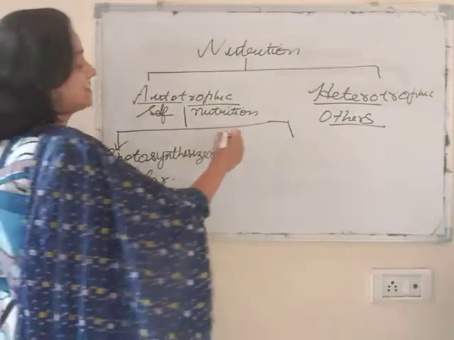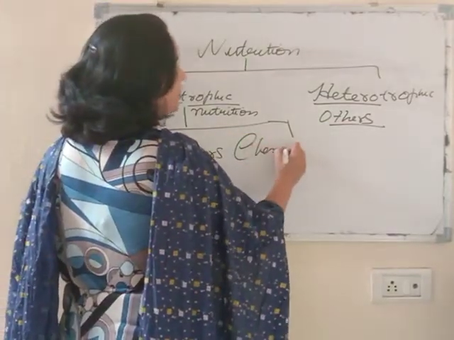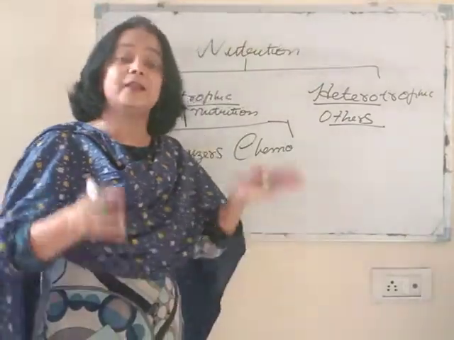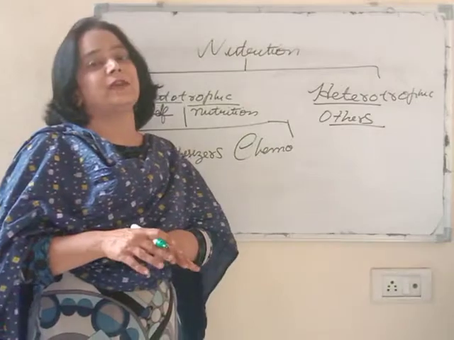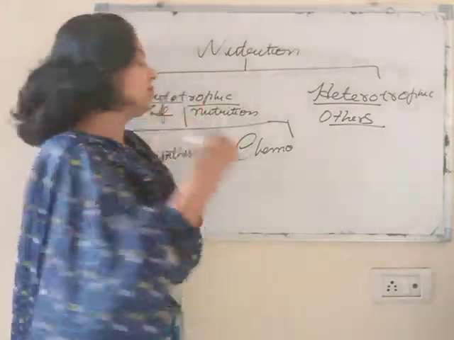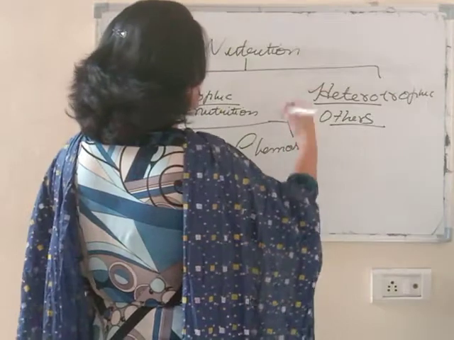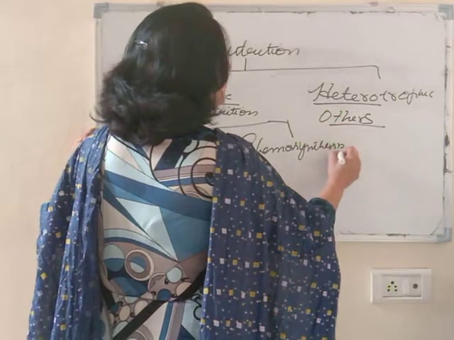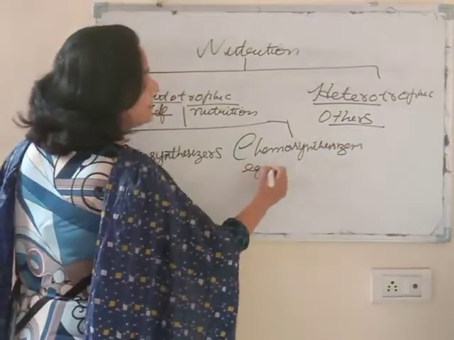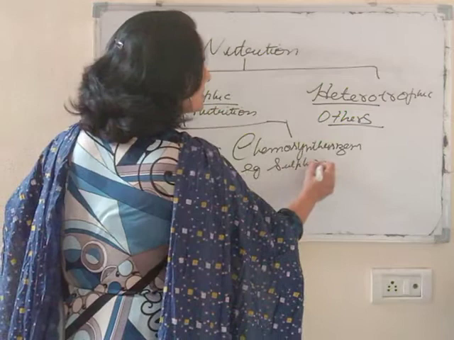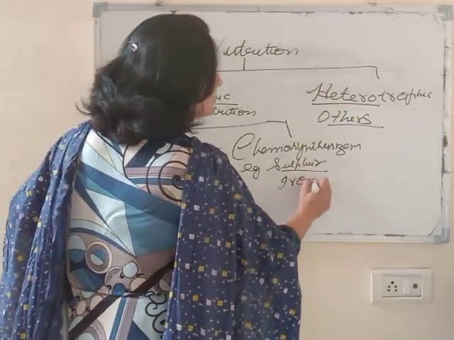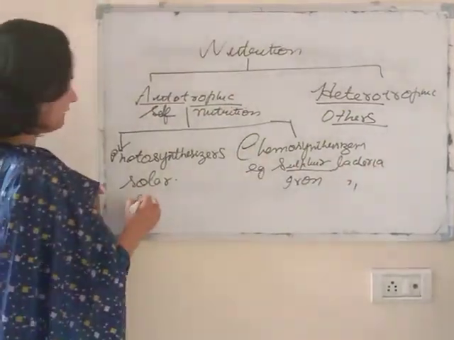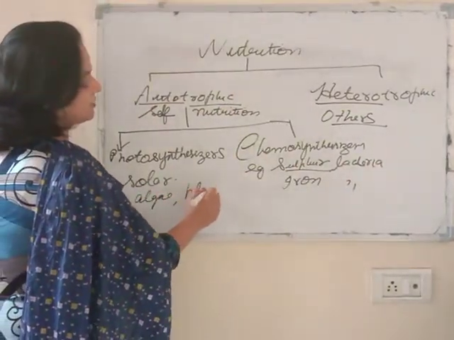Whereas organisms which use some product released in the metabolic activities of a cell, and use that product in the absence of light to synthesize food, are called chemosynthesizers or chemoautotrophs. For example, sulfur bacteria use sulfur, and iron bacteria use iron to make food. And here you have algae, green plants, etc.